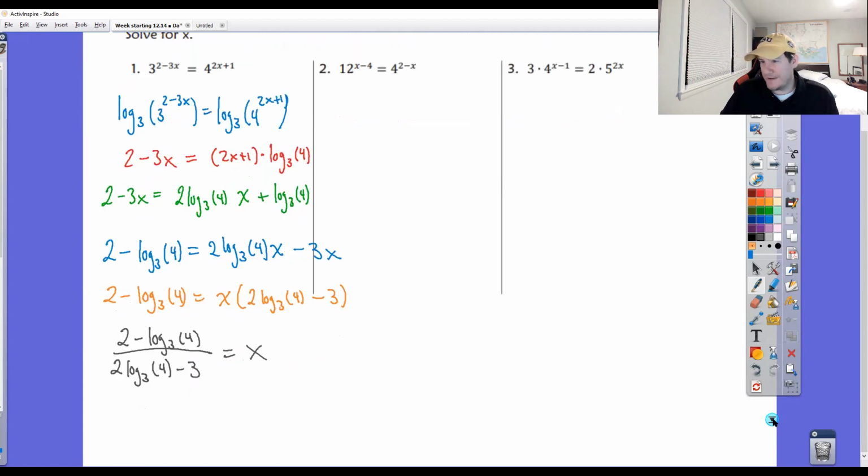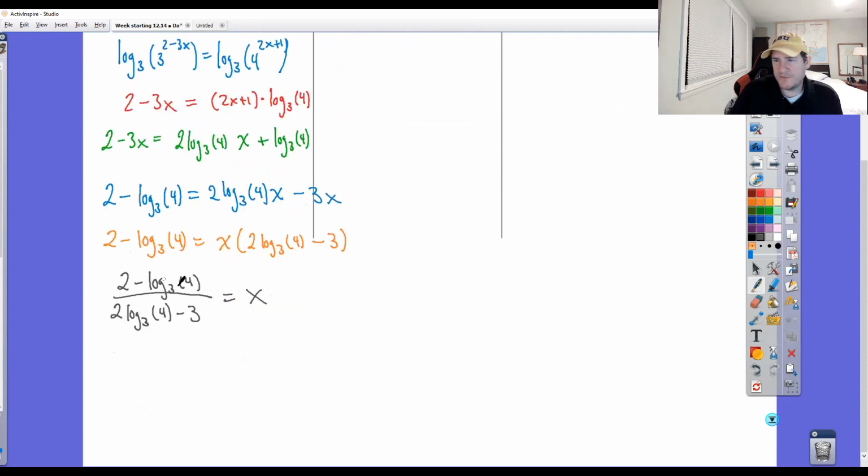That's right, but it's pretty ugly. So the question is, would you bother trying to clean that up? And sure, let's just talk about how you could clean it up. In the numerator, that 2 could be expressed as a log base 3 of 9. In the denominator, you'd pull in the 2 as a power, so you'd have log base 3 of 16.